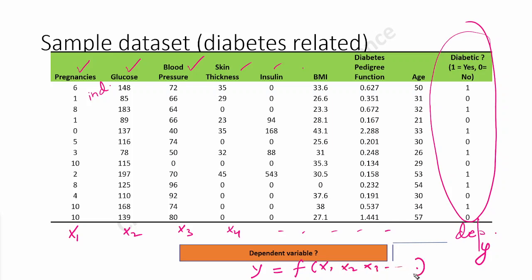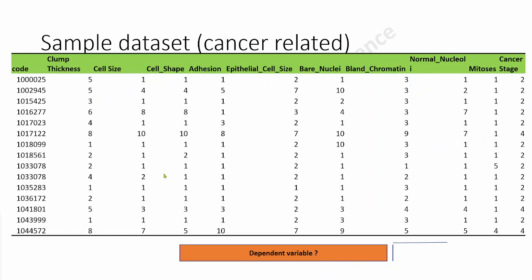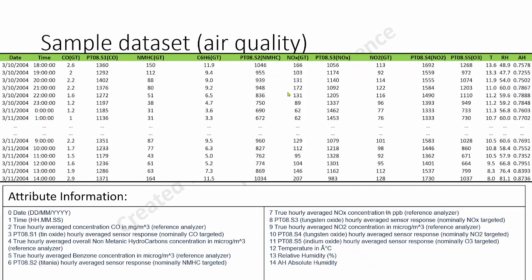That's the convention we follow in all the AI projects. Similarly, in a cancer-related data set, the cancer stage can be the dependent column and the others can be independent columns. Likewise, you have to frame the data in machine learning with dependent and independent columns.